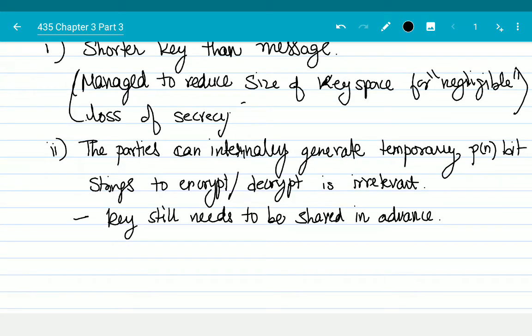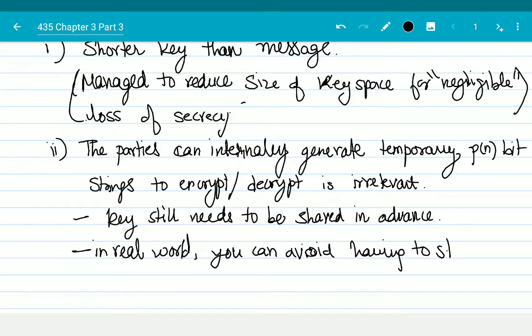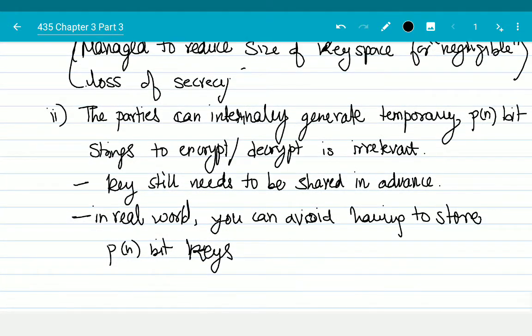You can store a small key, and avoid having to store n-bit keys, since they're temporary.